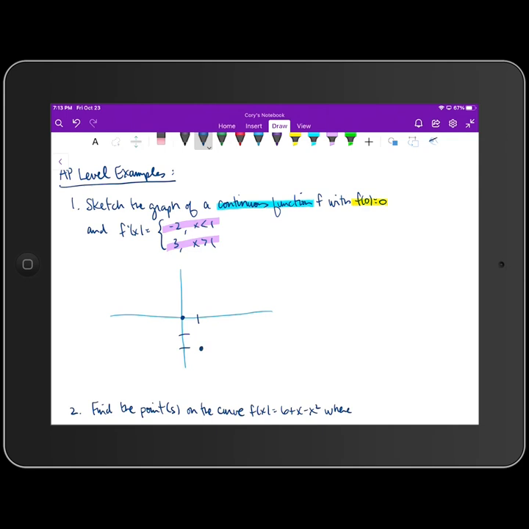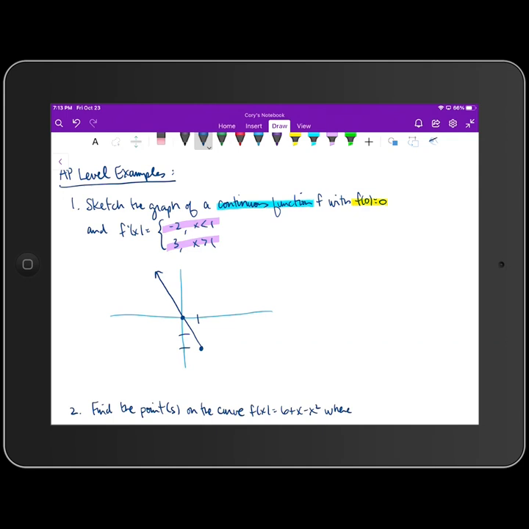Since the slope to the left of 1 is always -2, I'm going to extend this line out to the left. As I go from left to right on that line, the slope is negative, I'm going down.